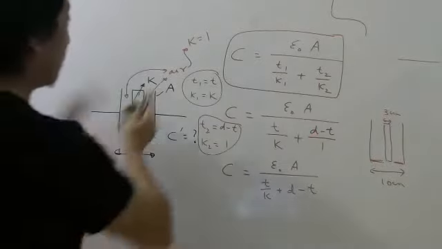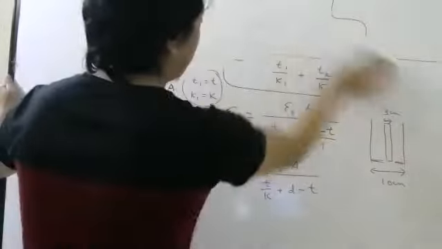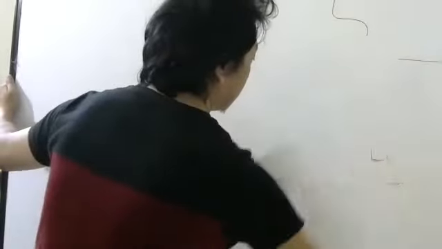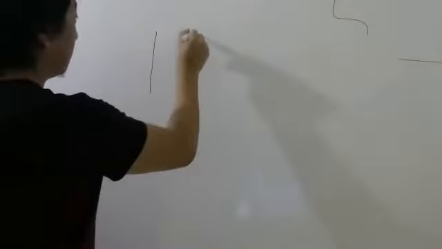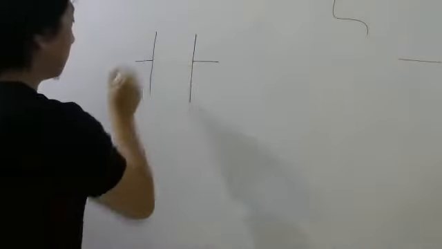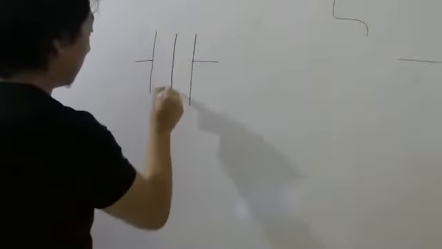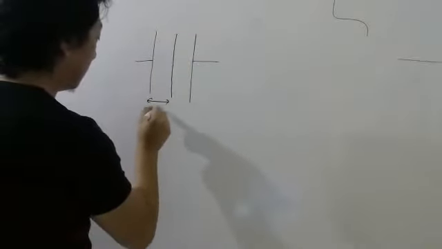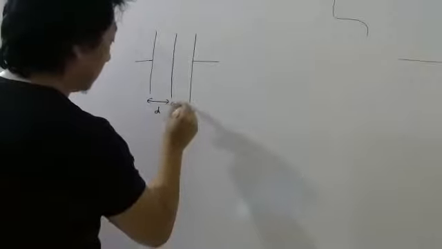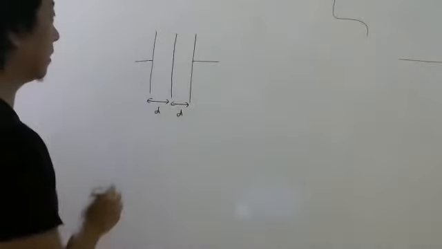So let me rub this. Try one more, okay? So here is the capacitor. And this is D. This is D. Okay.